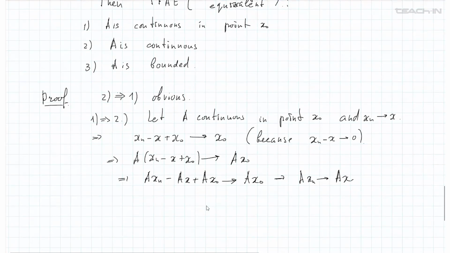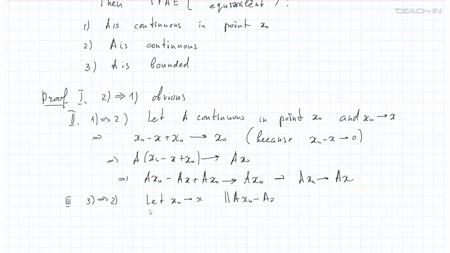Then the third step of our proof, let's enumerate it: first step, second step, and third step. From 3 to 2. Let xn tend to x. Consider Axn minus Ax.